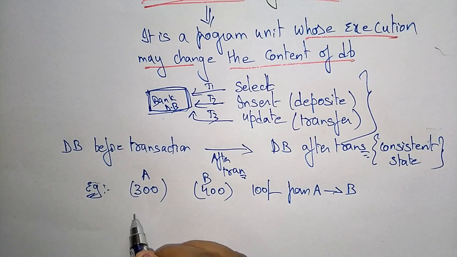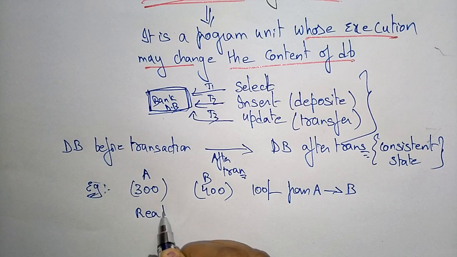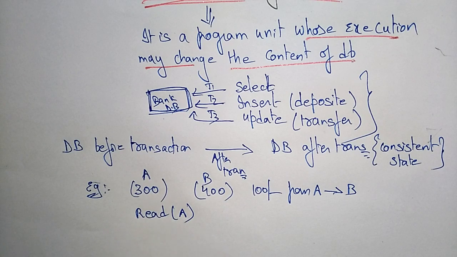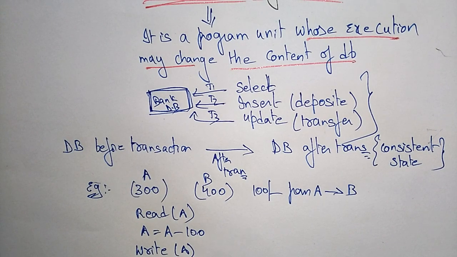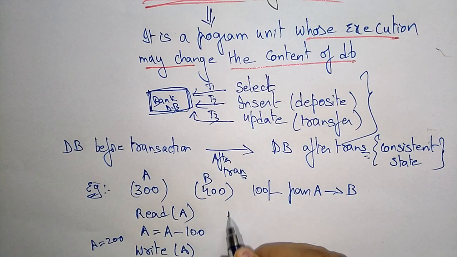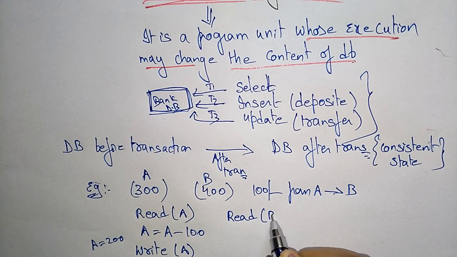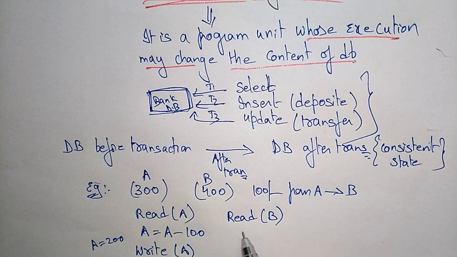How? First read A. 300 is read. After that, A equals A minus 100, meaning you are transferring 100. So 100 is deducted from your account, and write A. Now your account has 200. You transferred the amount. After that, read B, 400 is read.